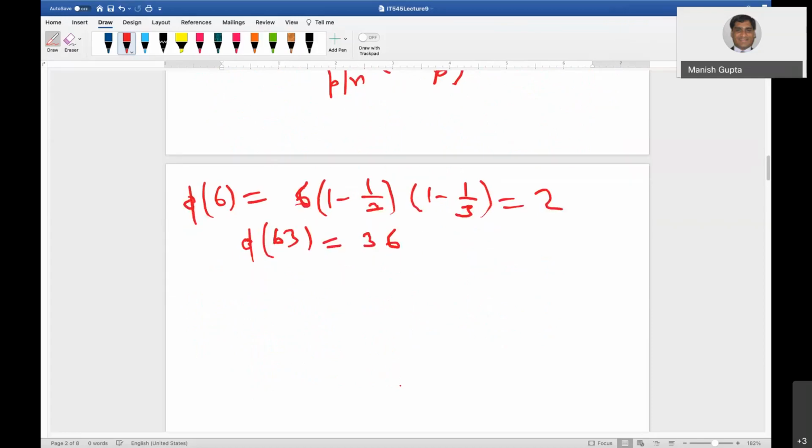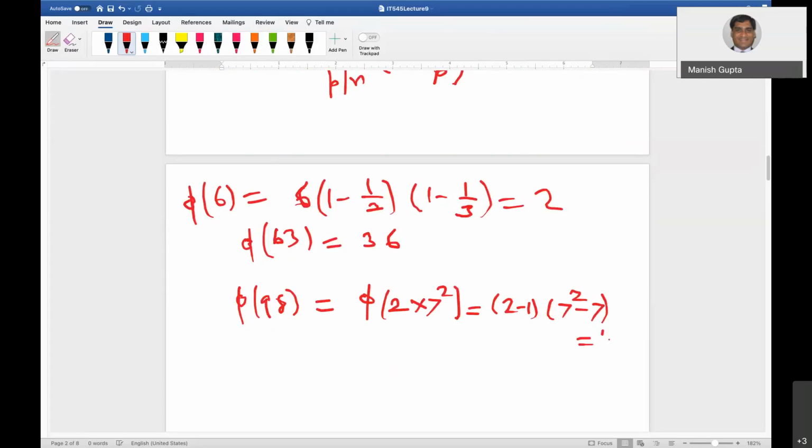I can also mention, what will be phi of 98? Phi of 98 will be phi of 2 into 7 squared, which is 42. I am showing you different ways through which I can compute these values. And by the way, on PARI/GP, on the command prompt, if you type eulerphi(98), you will get the answer 42.